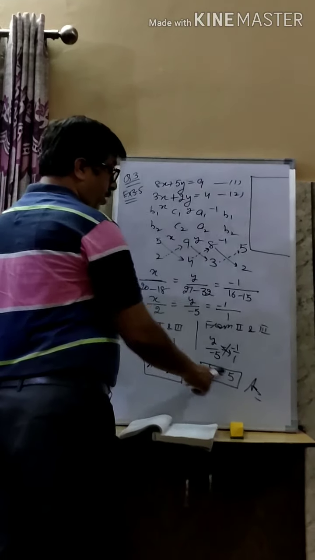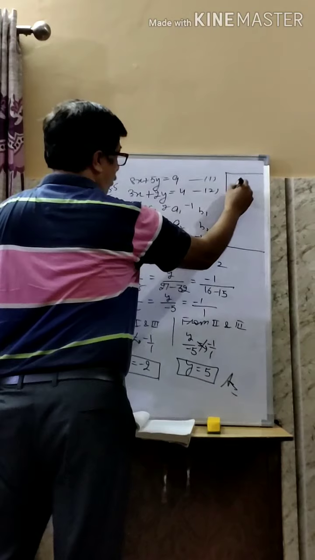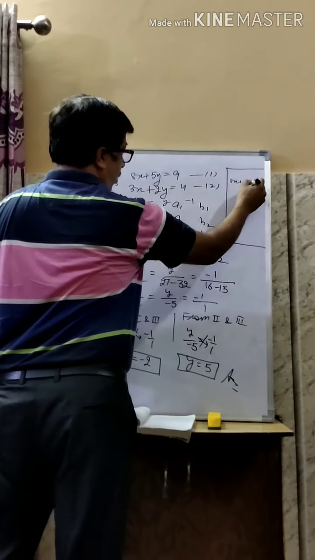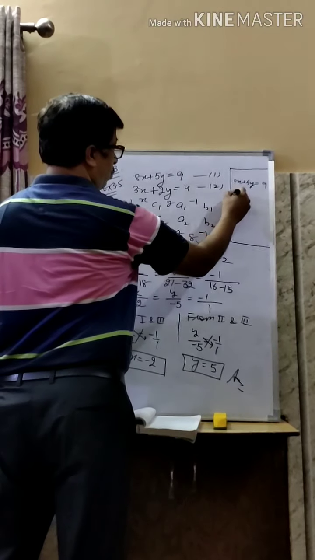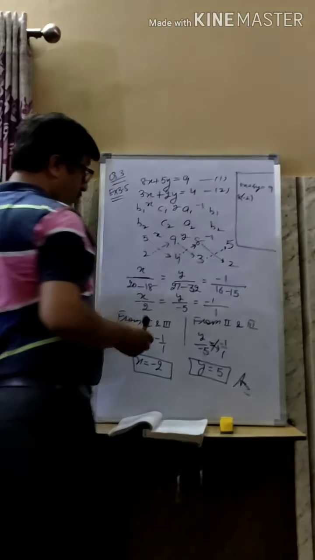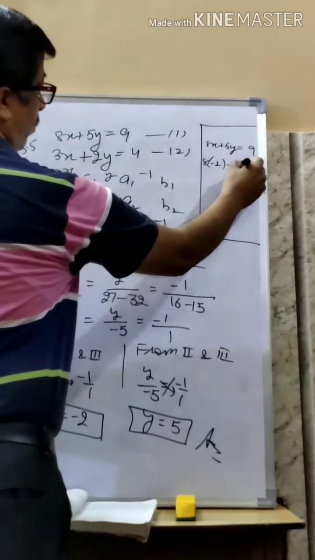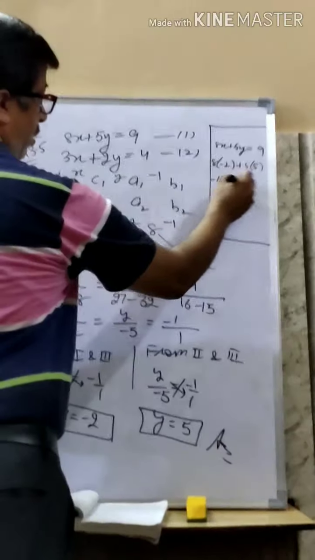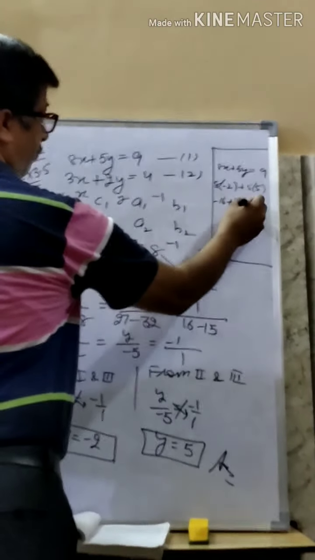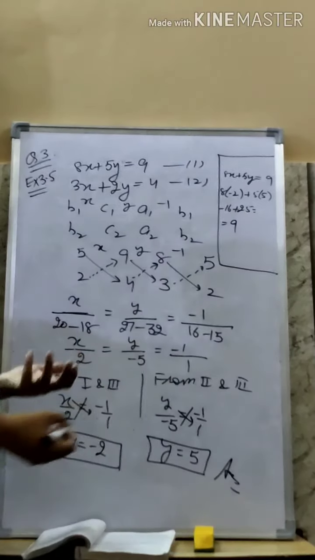So you can check your answer also. x is minus 2, y is 5. You can put it in any one of the equations. So it is 8x plus 5y is equal to 9. x value is minus 2, y value is 5. So put here: 8 into minus 2 is minus 16, 5 into 5 is 25. So 25 minus 16 is 9.